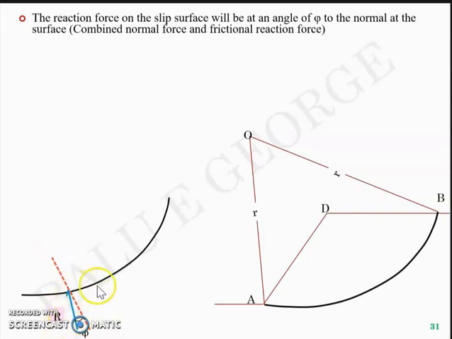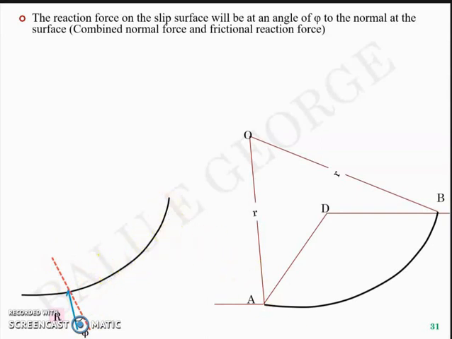Now if I move to a different point, let's say point 2 here, you have a different normal there. These two normals will point to the common center O, but they will have different inclinations, right? And obviously these two points will have reactions in different directions because angle phi remains the same, but the normal changes at every point because it's a curve.